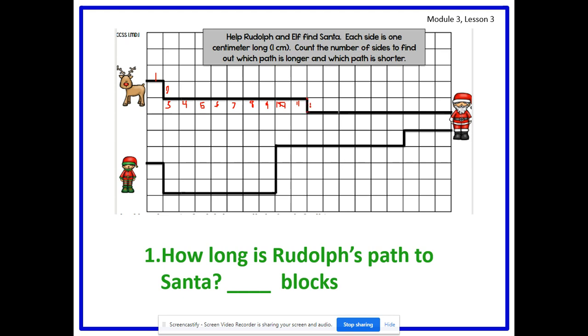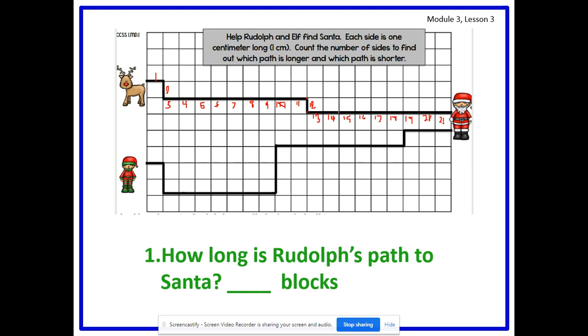From here to here would be 12, 13, 14, 15, 16, 17, 18, 19, 20, 21.